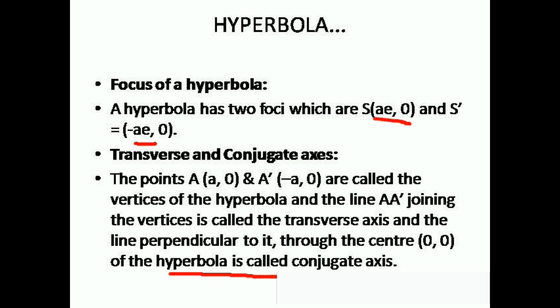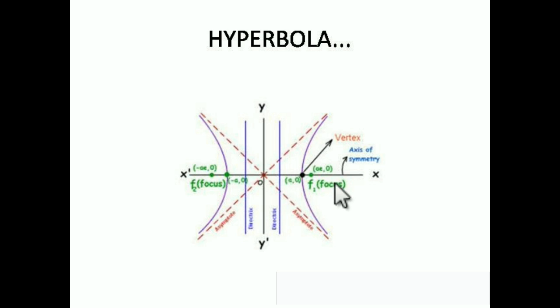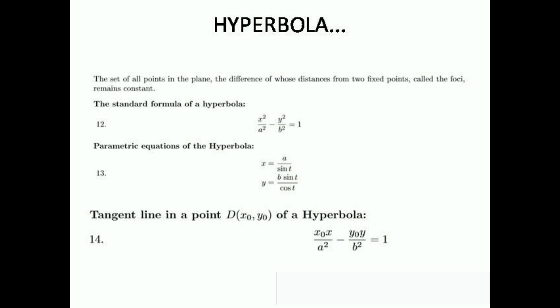Now the basic equation of this type of hyperbola is x square by a square minus y square by b square is equal to 1. This is the standard equation of a hyperbola with the transverse axis as the x-axis. If the transverse axis is the y-axis, then x square by a square minus y square by b square is equal to minus 1.